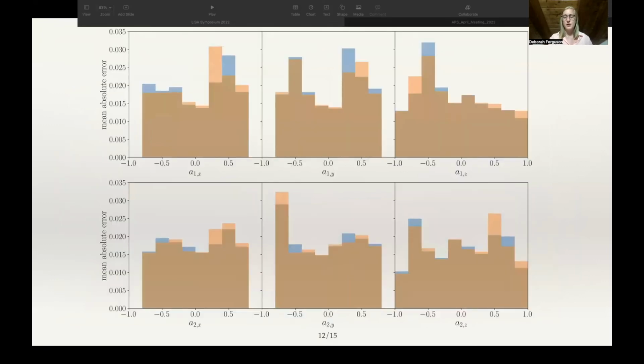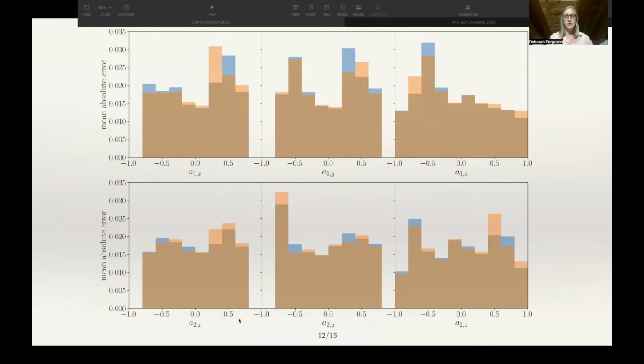Here we have a plot showing each of the individual spin components, primary on top, secondary on the bottom. And you can see that for spin 1x and spin 1y, as you move away from 0, the error increases. And for spin z, you see this spike again at negative 0.5, consistent with what we saw in the chi-effective and chi-precessing plots.